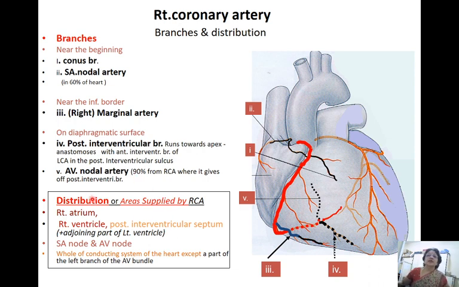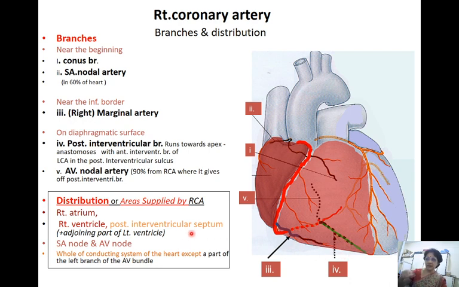For purposes of understanding distribution, the areas supplied by the right coronary are the right atrium, the right ventricle, and the posterior interventricular region, where the posterior interventricular artery lies, a thick muscle getting a good amount of oxygen from the right coronary.